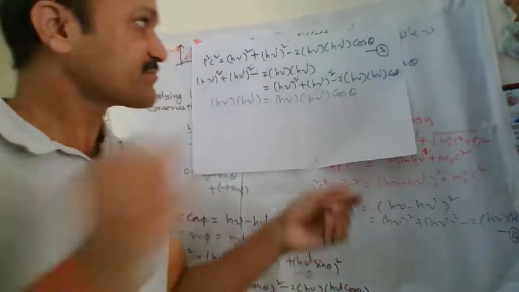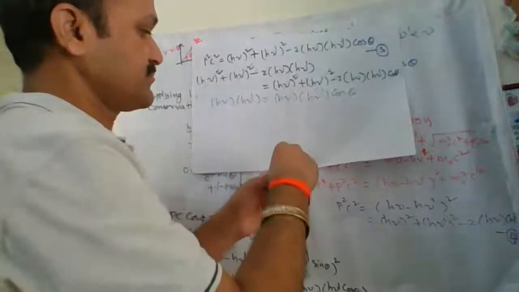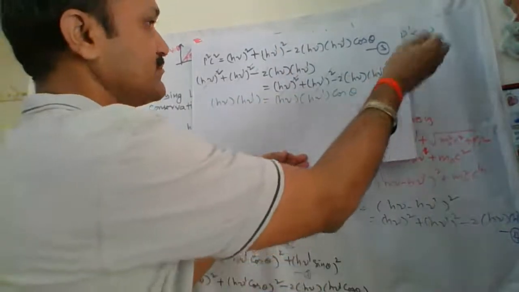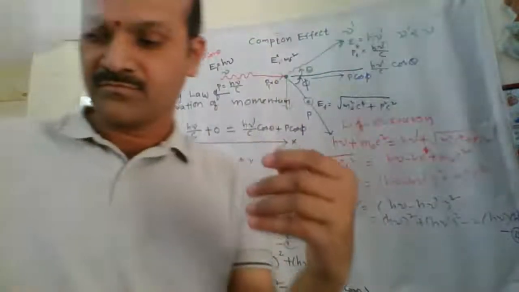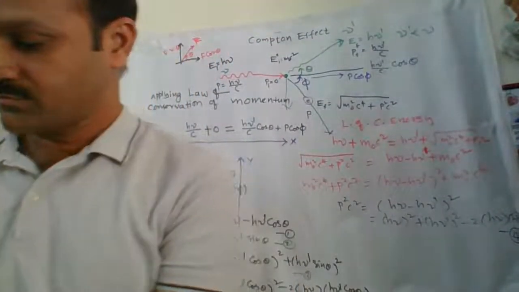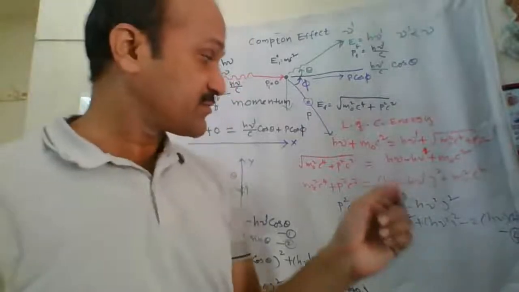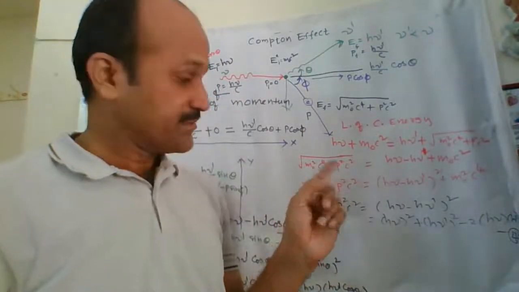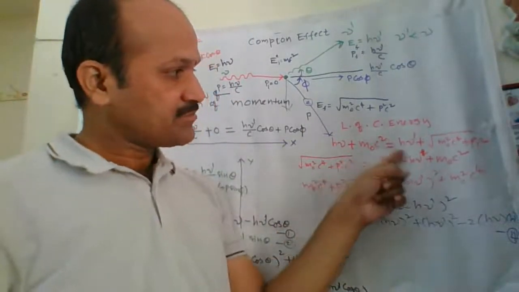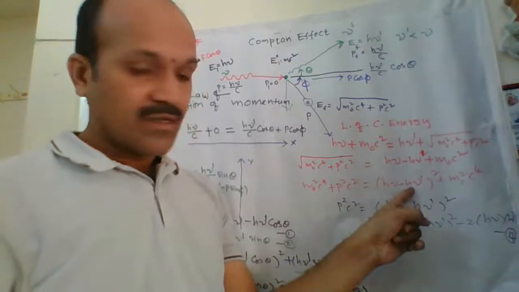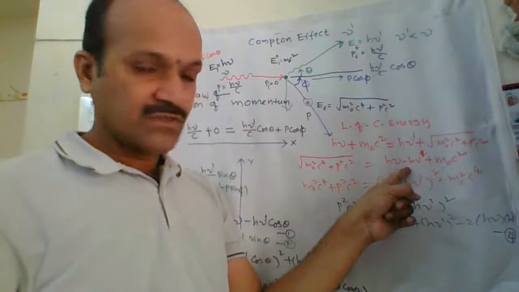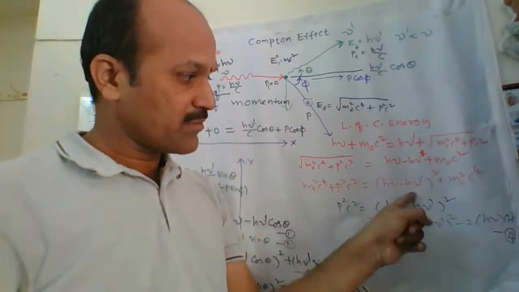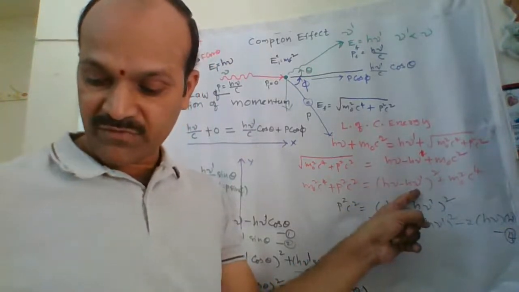See here, a blunder mistake we made. Here we applied this a plus b whole square formula, but the minus point we did not write.